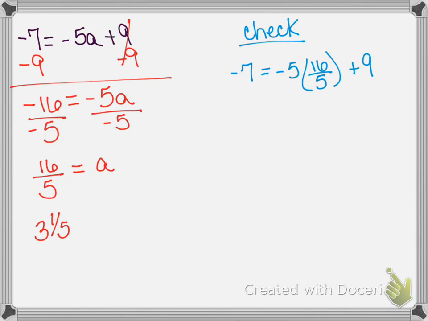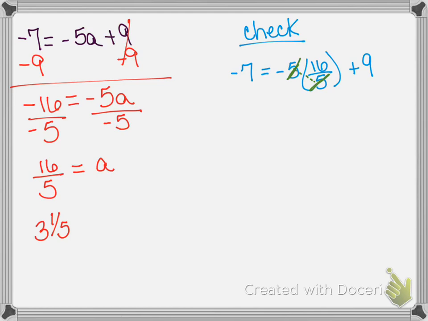Here, I have a 5 and I have a 5. Those can cancel out. That's called cross-canceling, and that's going to be very, very important as we move through these. Cross-canceling helps us to simplify without multiplying and then dividing. So cross-canceling is a technique that you want to be sure that you know how to do.